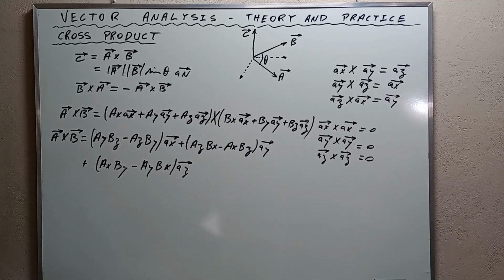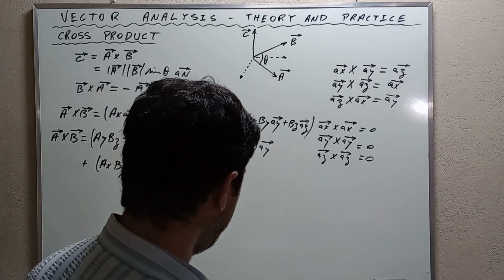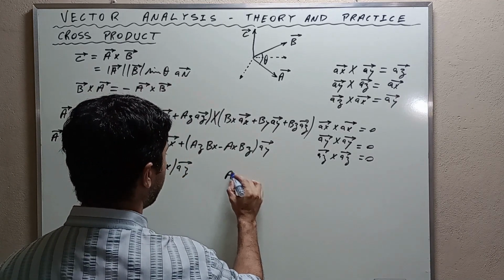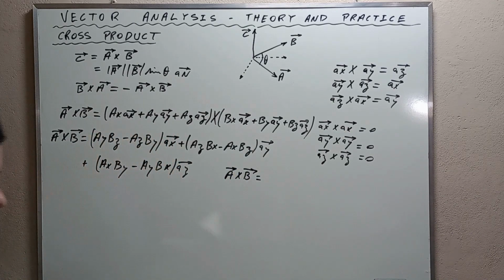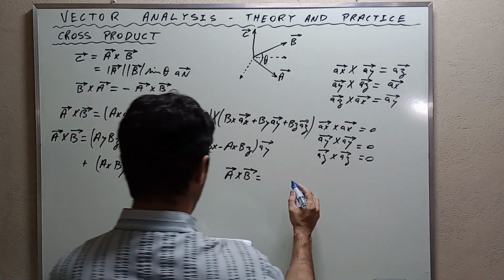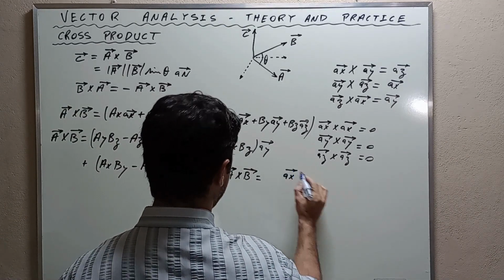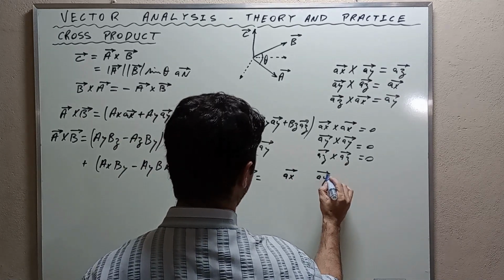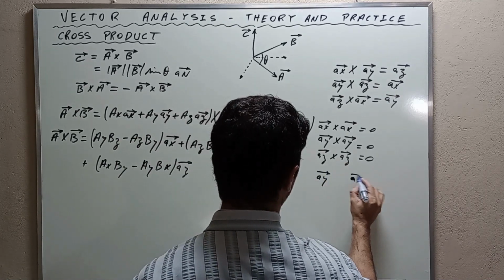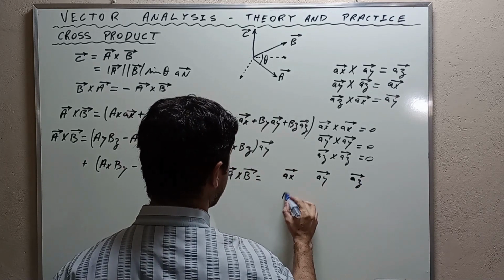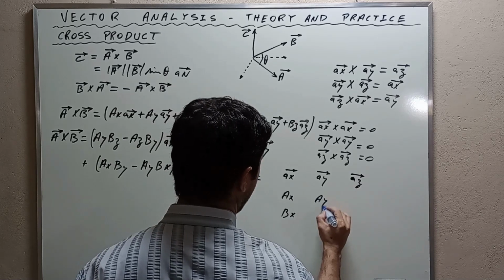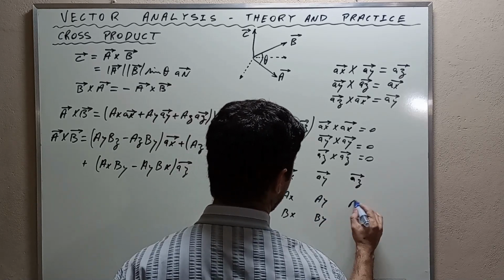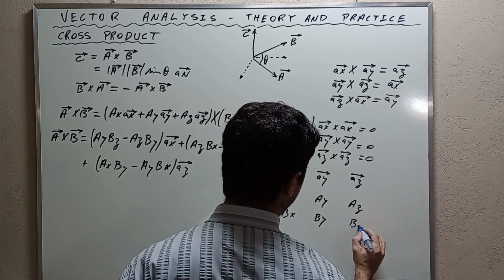This can be written as a determinant. Okay? A cross B can be written as a determinant in this way: the unit vectors AX, AY, and AZ in the first row, then AX, AY, AZ, and BX, BY, BZ.